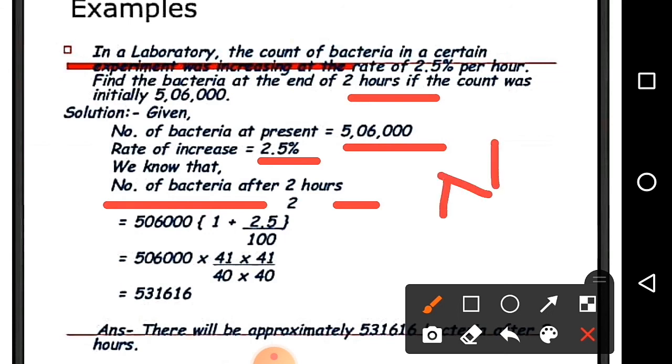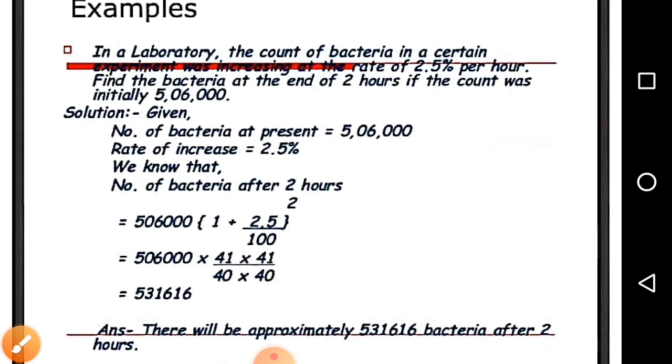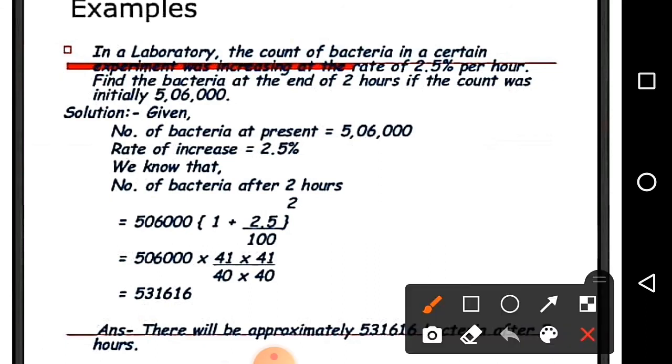So we have to use the formula for amount A, but actually we are finding the number of bacteria, so we will write number of bacteria after 2 hours. That will be equal to whatever is given in the question, 5,06,000, into bracket 1 plus r, where rate is given as 2.5, so 2.5 upon 100, and the whole raised to 2.